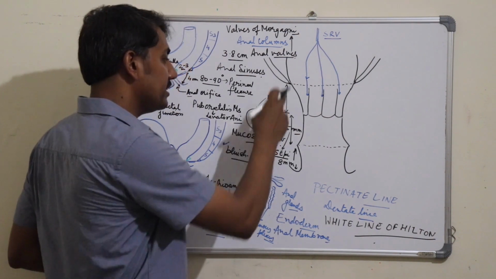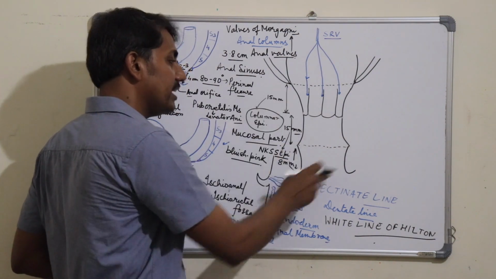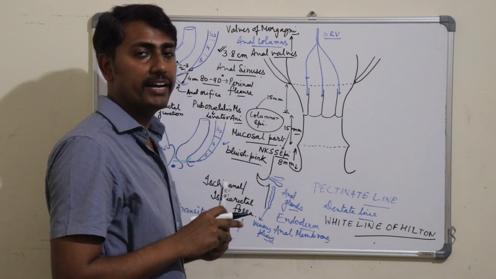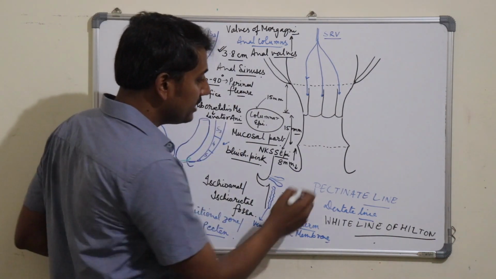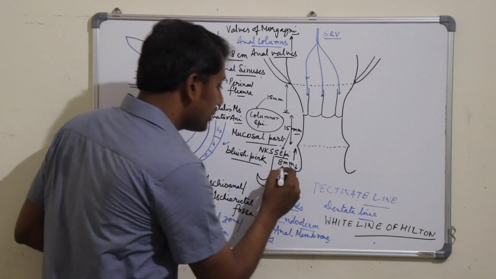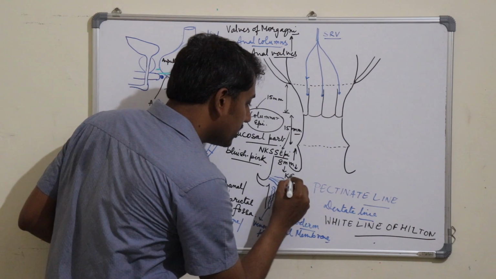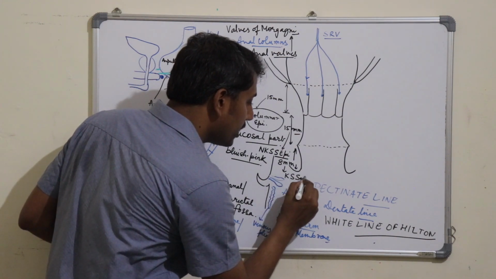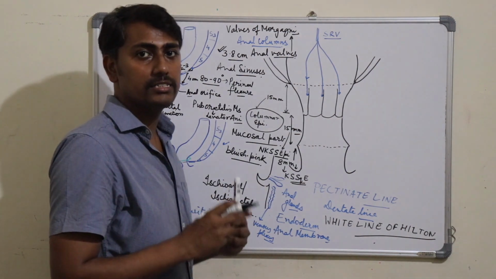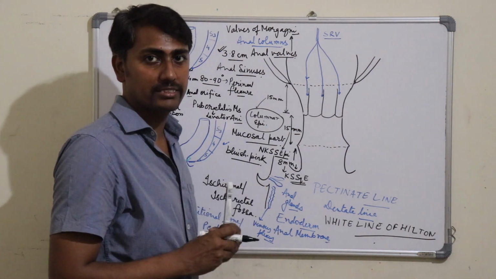Therefore, making the total length of the anal canal 38 mm or 3.8 cm, and this lower cutaneous part is lined by keratinized stratified squamous epithelium, which is a true skin and contains sebaceous and sweat glands.